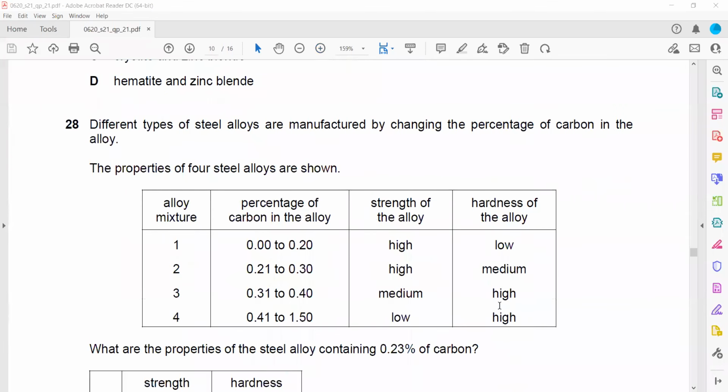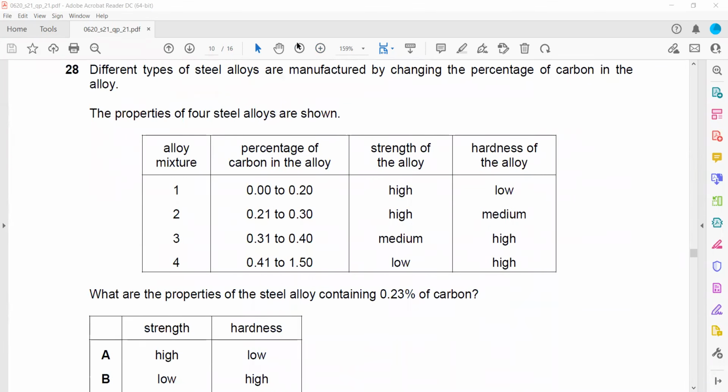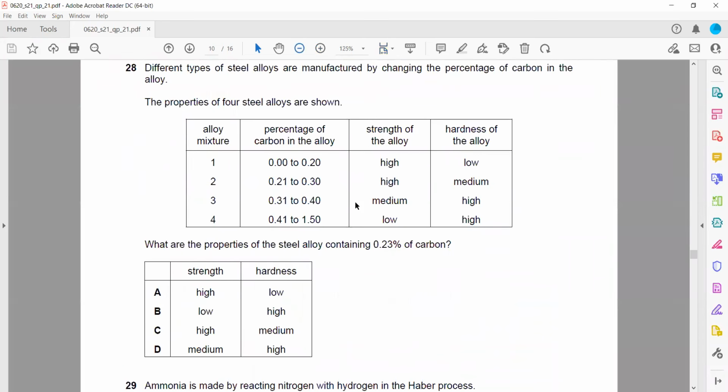Question 28. Different types of steel alloys are manufactured by changing the percentage of carbon. The properties of four different types of steel alloys are shown: percentage of carbon, strength of alloy, and hardness of alloy.